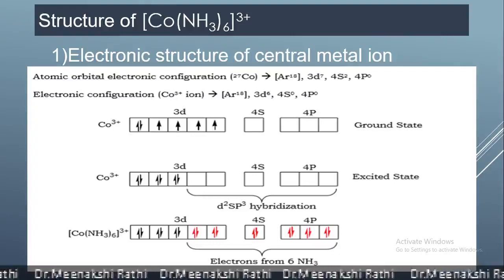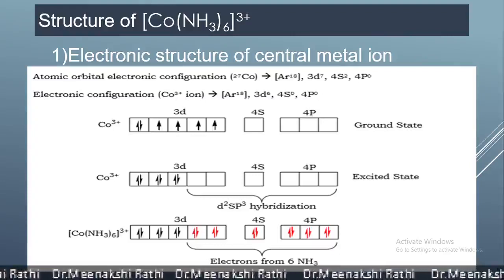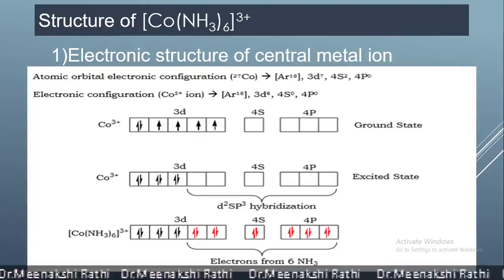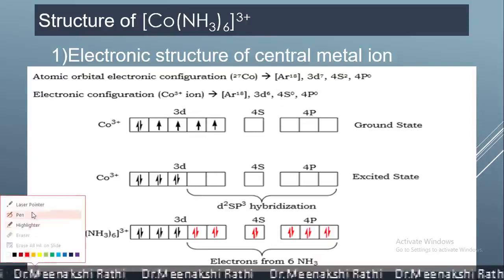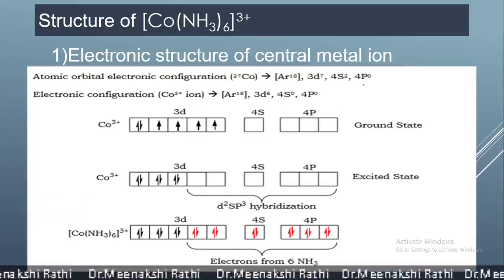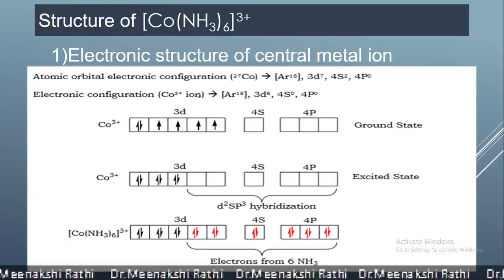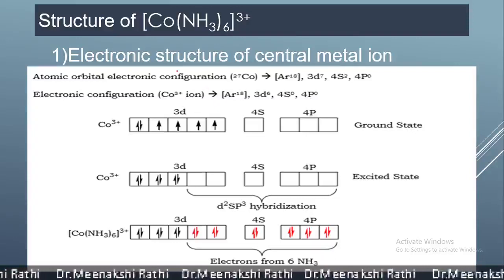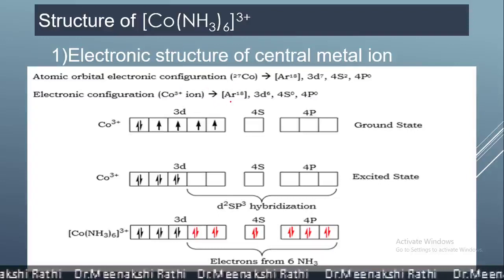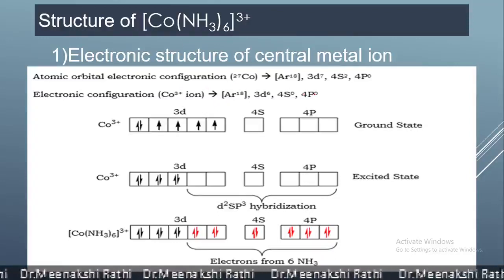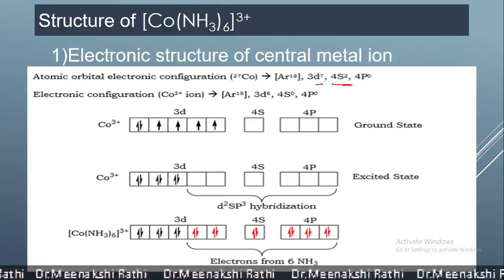Now, the electronic structure of the central metal ion, that is cobalt, whose atomic number is 27. Its atomic orbital electronic configuration is argon 18, 3d7, 4s2, 4p0. Here we want the electronic configuration of the Co3+ ion. Co3+ means 3 electrons are lost, 2 from 4s2 and 1 from 3d.